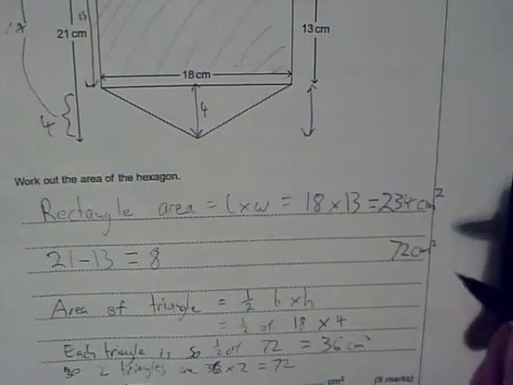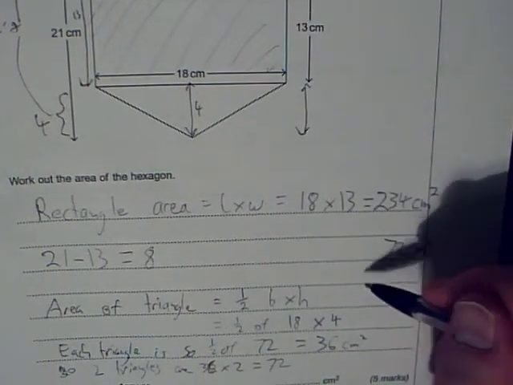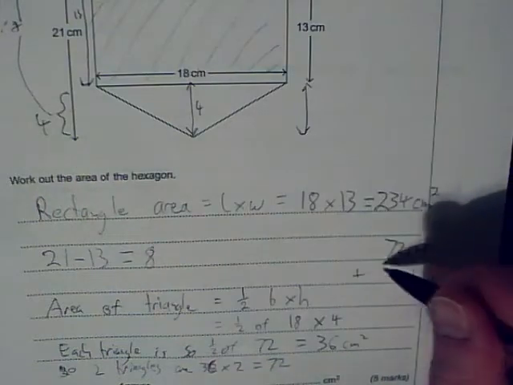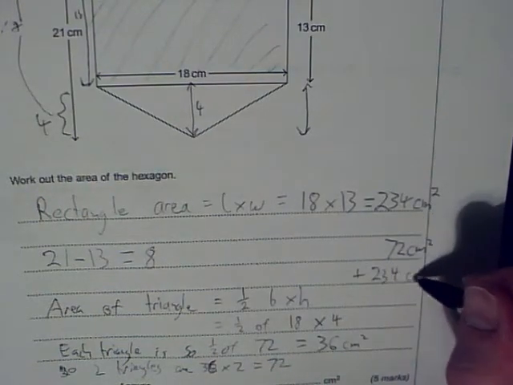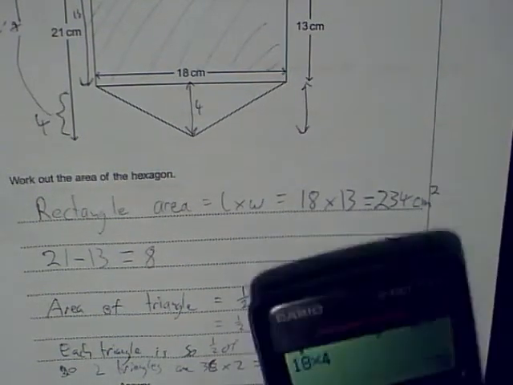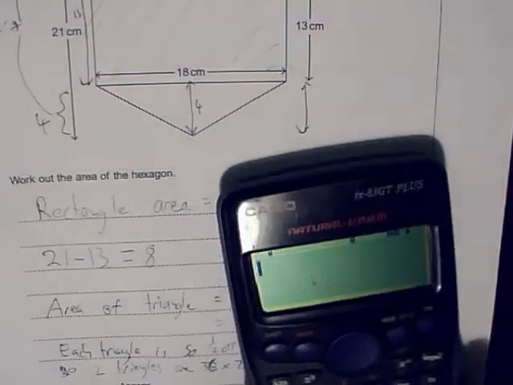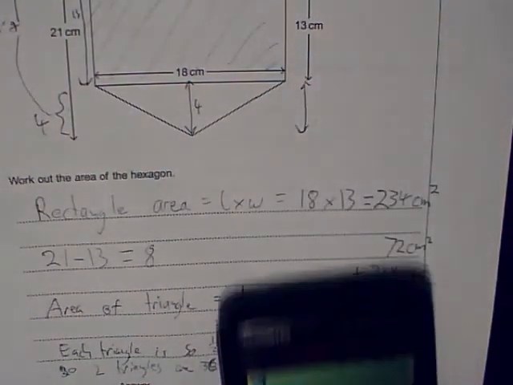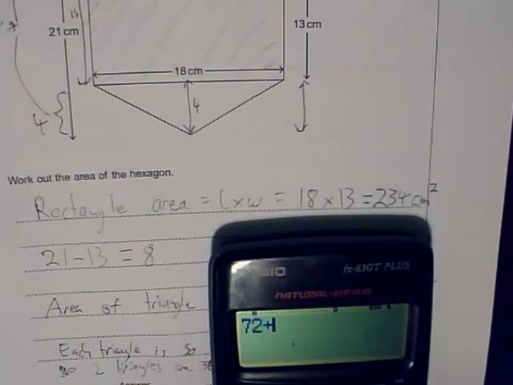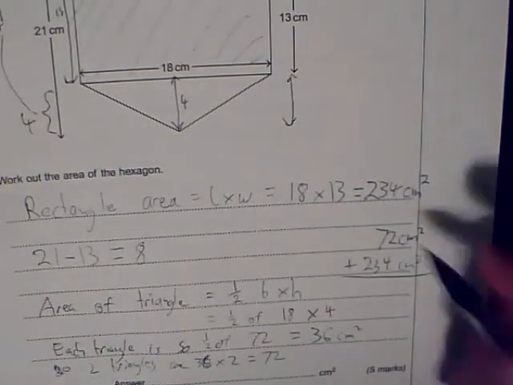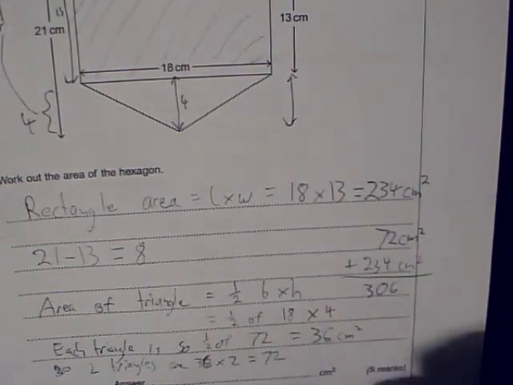That's the amount of area for both of my triangles, and I'm going to add my area of the rectangle, 234 centimeters squared, and I can put that in my calculator. So I got 72 plus 234 gives me 306 centimeters squared.